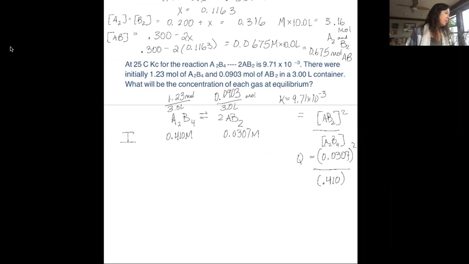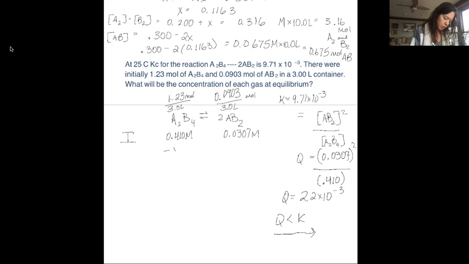When I put that in my calculator, I get a Q value of 2.2 times 10 to the negative third. Well, that looks like Q is slightly less than K. Therefore, I will shift in the right direction.